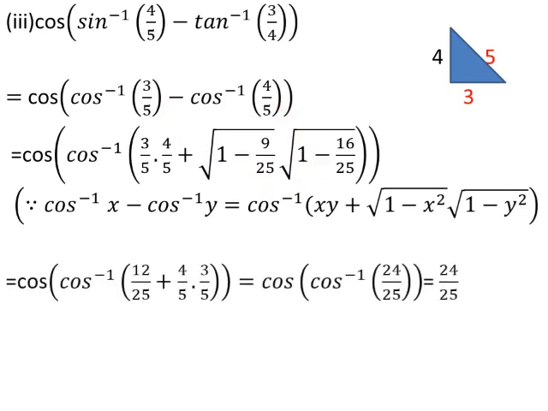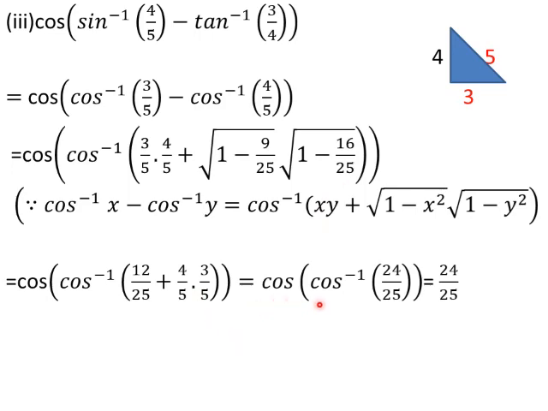It is equal to cos of cos inverse of, here if you simplify, 3 into 4, 12 by 25, plus root of 1 minus 9 by 25, which is 25 minus 9 means 16 by 25. It is 4 by 5. Into root of here 25 minus 16 means 9 by 25. Its square root is 3 by 5.